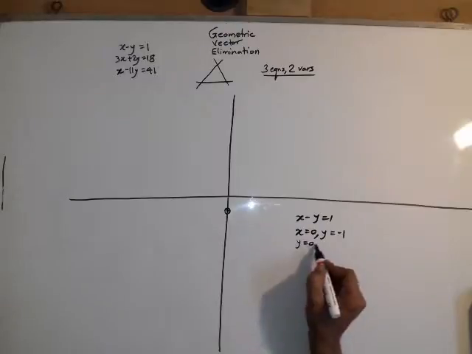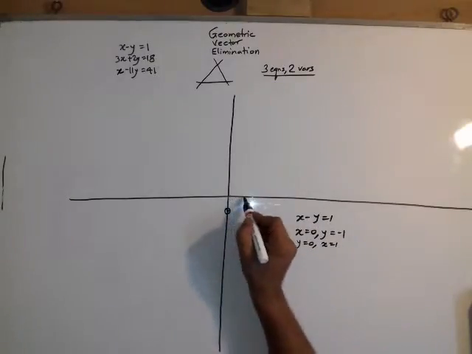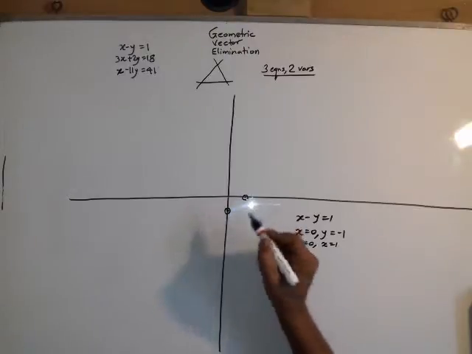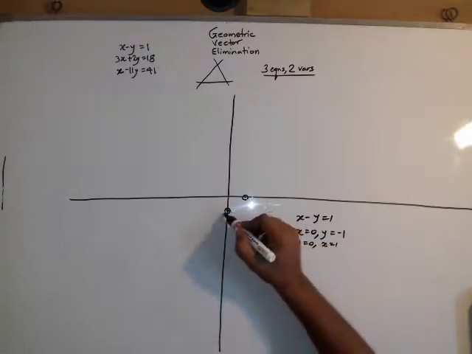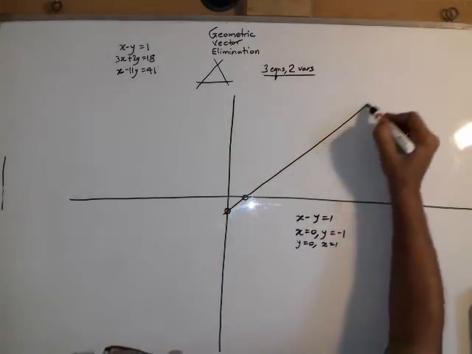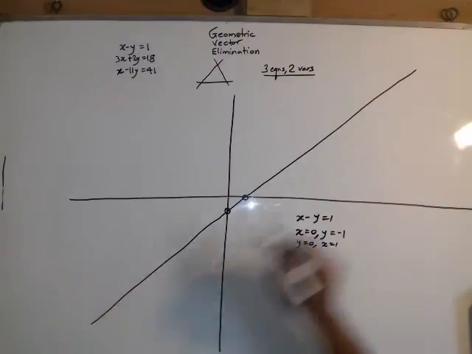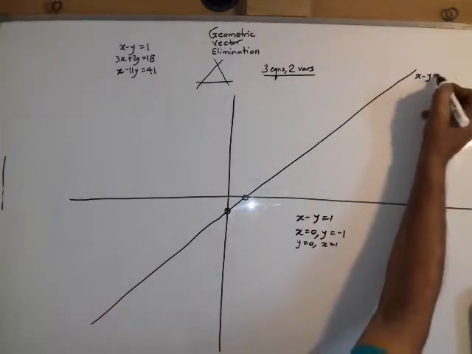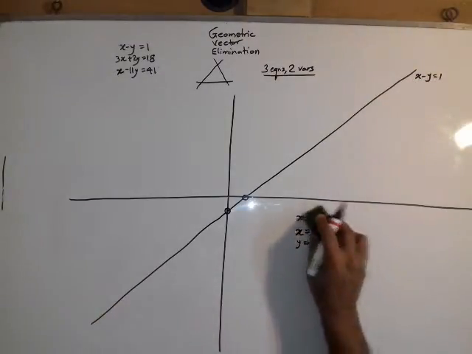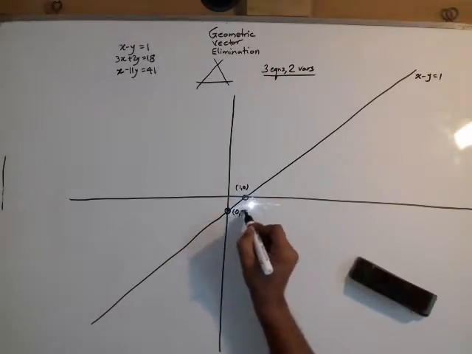When y is equal to 0, x is equal to 1. So I got my first line. Let me draw that. x minus y is equal to 1, and this is 1, 0, and this is 0, minus 1.